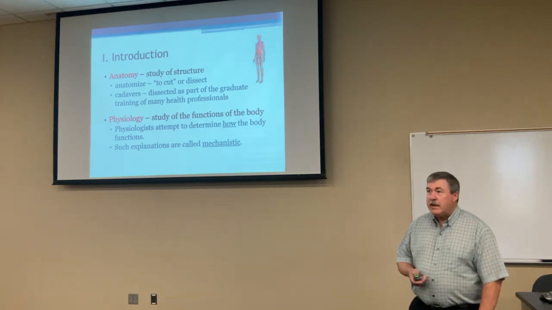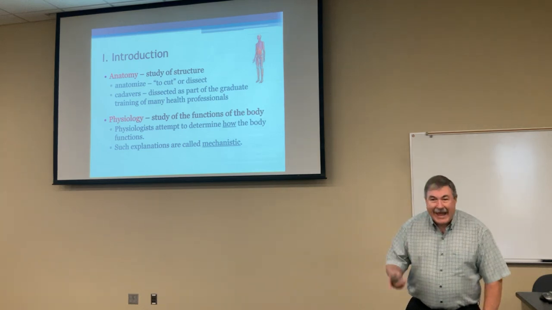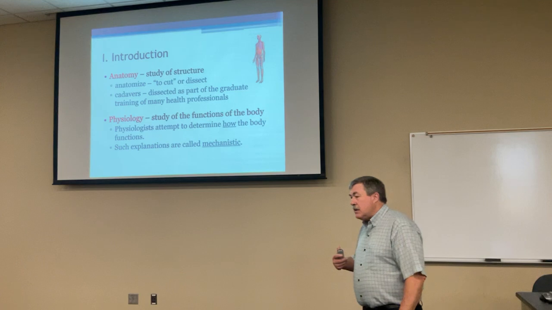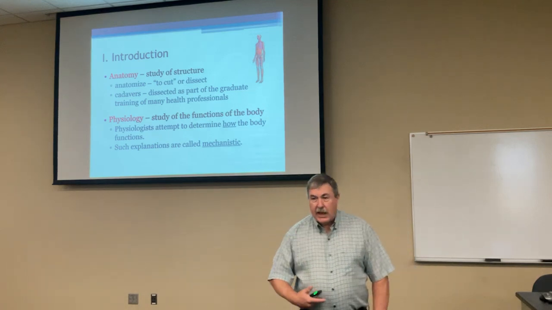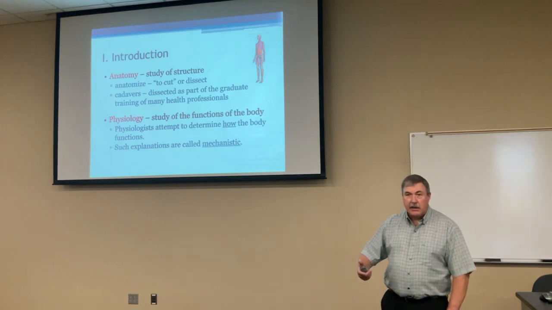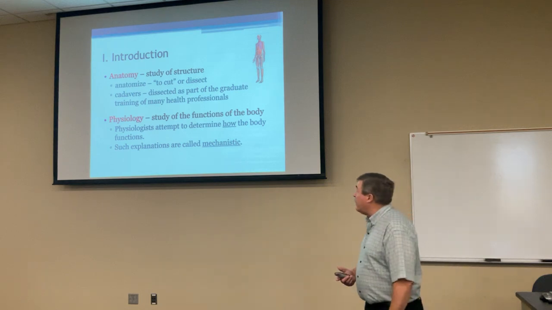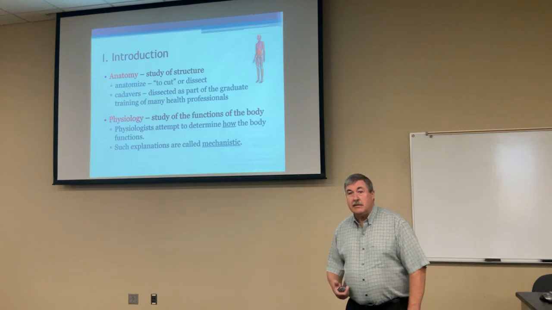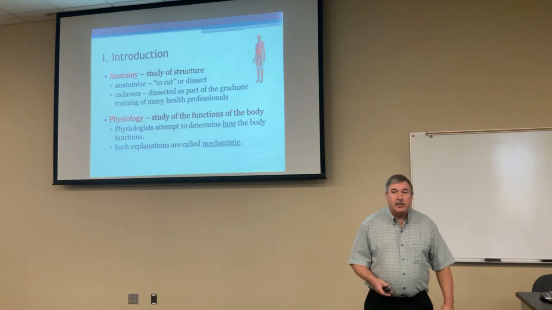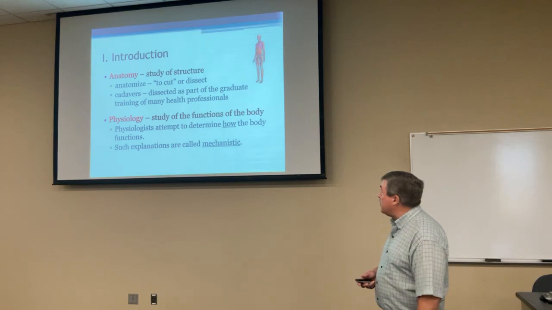So the word anatomy, which is the study of the structure of the human body, comes from the word anatomize, which means to cut or dissect, because that's the way that the early anatomists learned about the structure of the human body, was by dissecting or cutting human bodies so they could observe the internal structure. So anatomy literally means to cut or to dissect, and that's the best way of learning human anatomy, is to study directly from the main subject of interest.